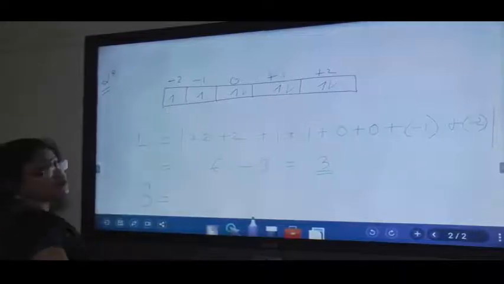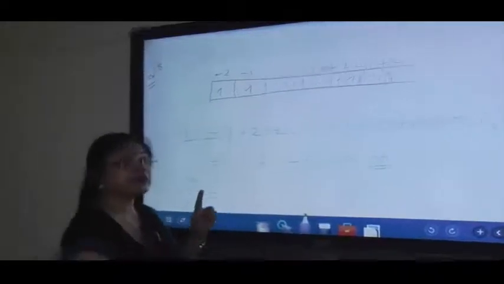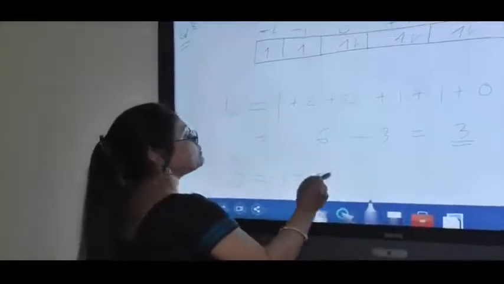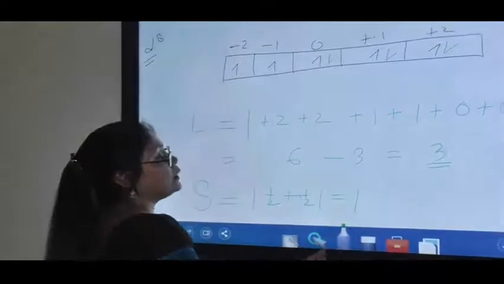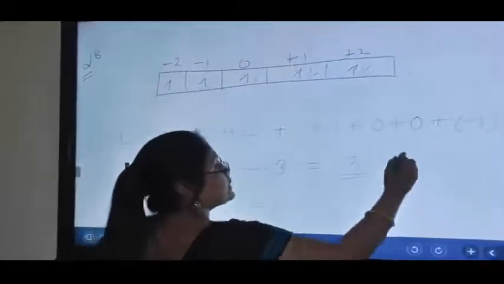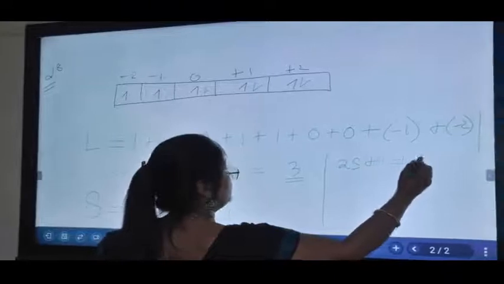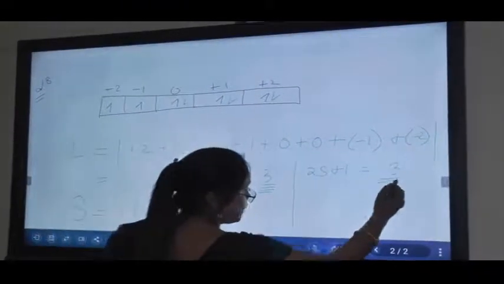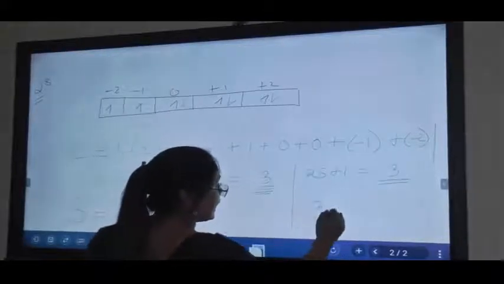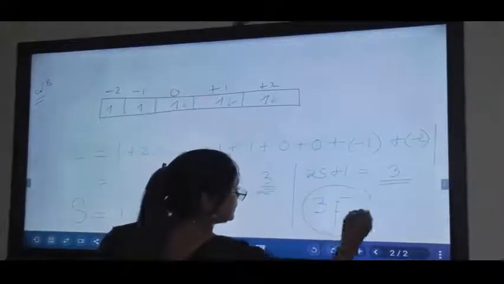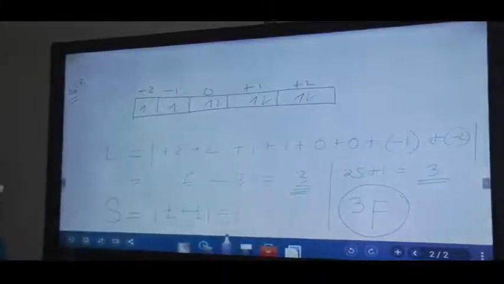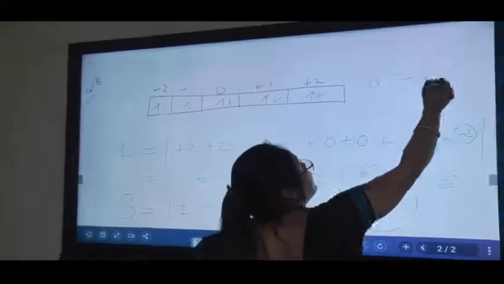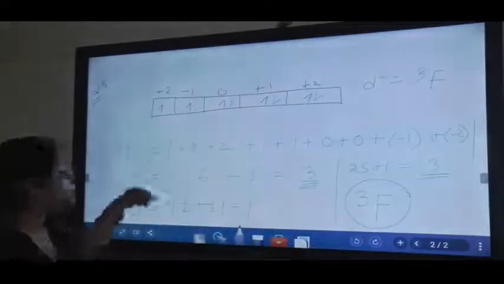Only these two electrons will have the same spin, so half plus half is equal to 1, and the spin multiplicity will be 3. Now, L is equal to 3 and spin multiplicity 3 again gives us the term symbol 3F. If you remember, for d2 also we had the 3F term, and for this also we have the same term.